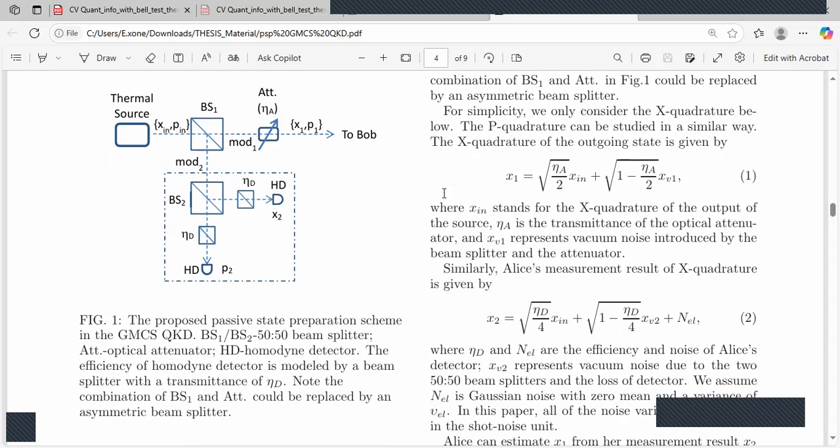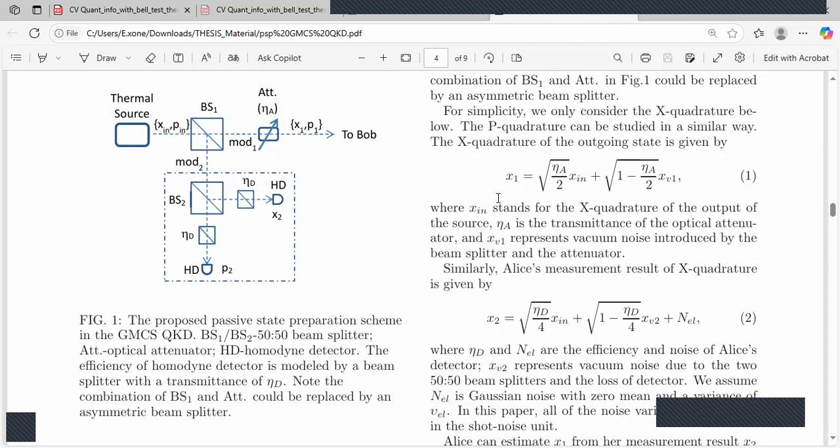So in this paper, the author is saying that the x quadrature and p quadrature can be estimated in a similar way. There is a symmetry between the x quadrature and p quadrature because both are measured with the same precision.